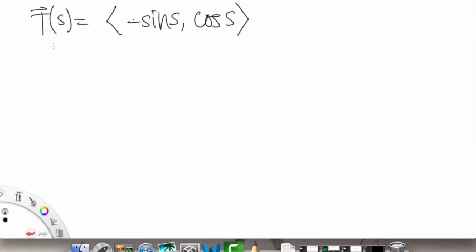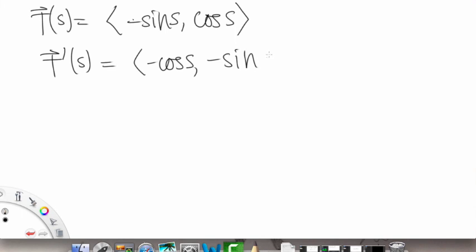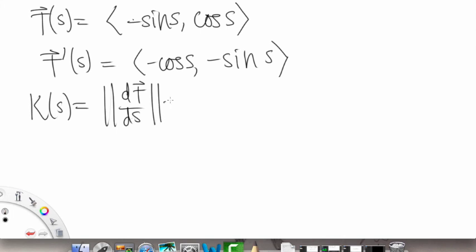Now to find the curvature, we have to take the derivative of this. T prime of s is equal to negative cosine s, negative sine s. For the curvature, all we need is the magnitude of this, dT/ds, which is the same as the magnitude of T prime of s.